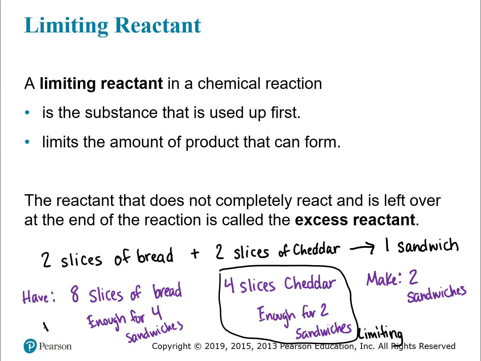The bread is in excess. So we figured out how many sandwiches can I make with the bread? I have enough for 4. How many sandwiches can I make with the cheese? I've got enough for 2. How many am I going to end up making? The lower amount, which is 2 sandwiches.